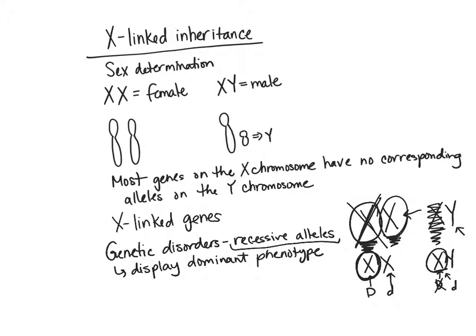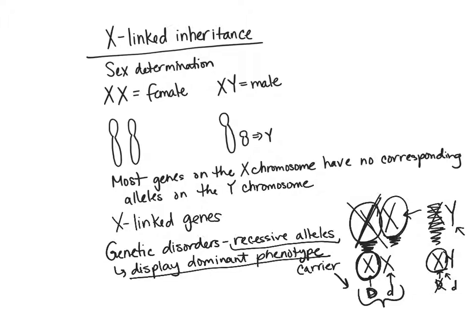Now, the example that I just showed here, this person is what we would call a carrier. This person displays the dominant phenotype. They have the little d here, which we're just saying is the mutated gene, the not good one. But they have the big D here, which is going to be coding for that particular protein. So they're going to have that protein.